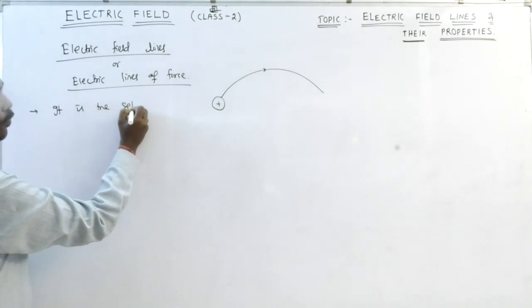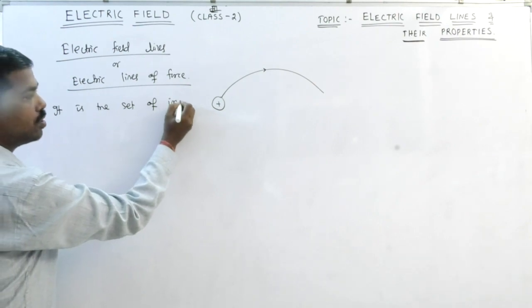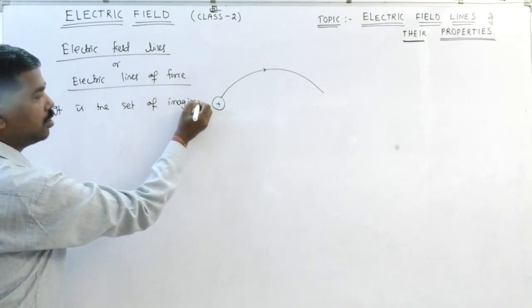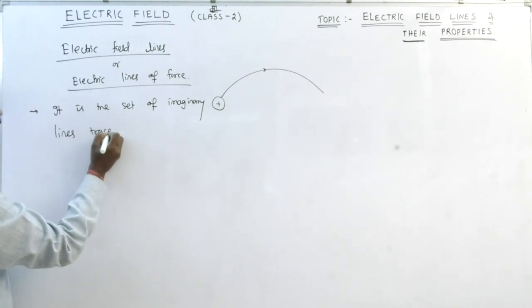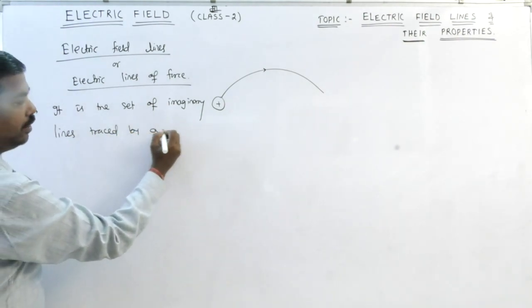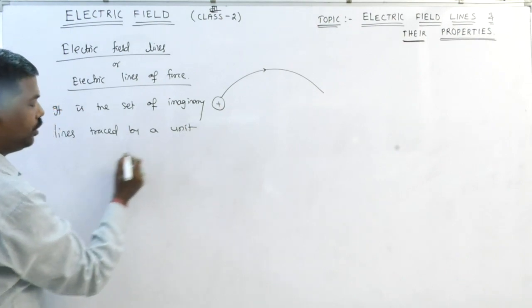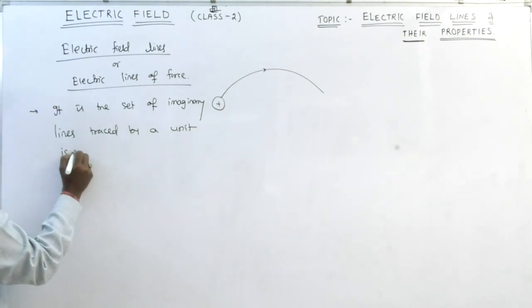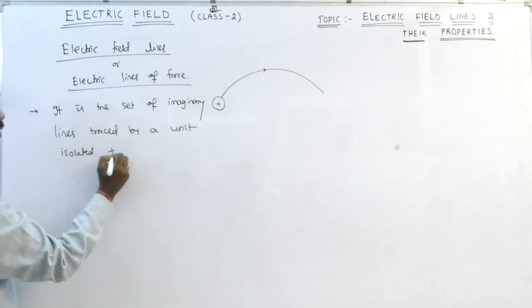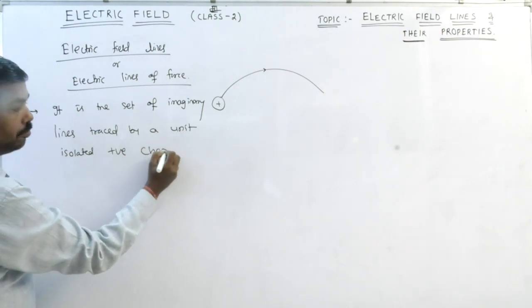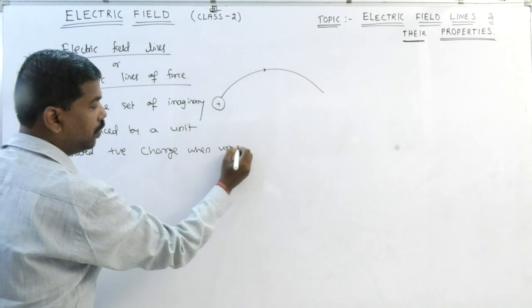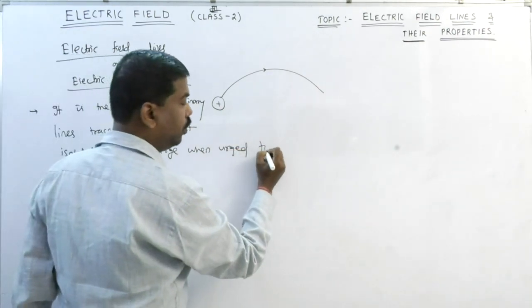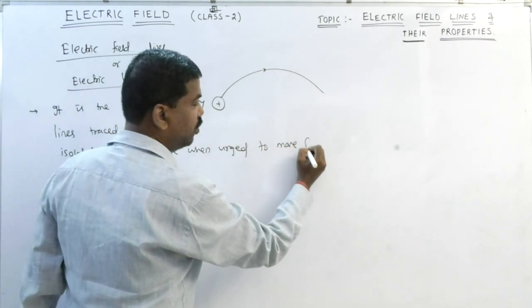It is a set of imaginary lines traced by a unit isolated positive charge when urged to move freely.